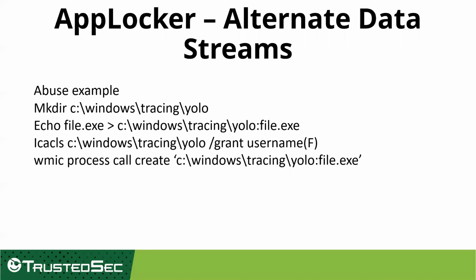So in order to view it, you need special tools or use an option to the dir command to list out these streams. I can't remember it off the top of my head, but I think it's /r or something. You can type dir /? and you can see it.